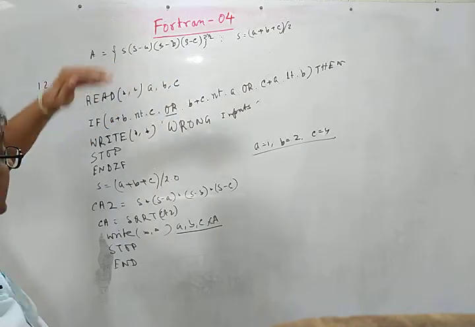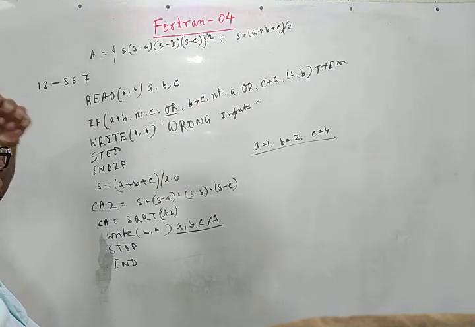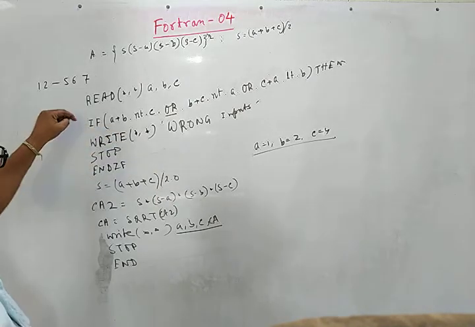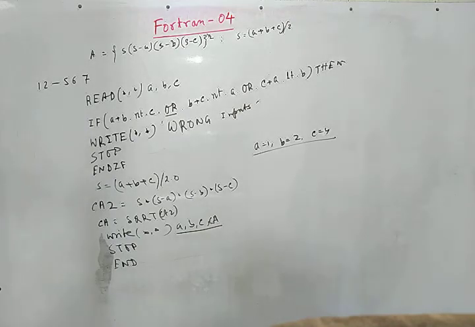So the precaution must be taken so that we do not work with any wrong inputs. So this is the precaution that has been taken. In the next class, I shall introduce the do loops. Do loops are used for repetitive works.